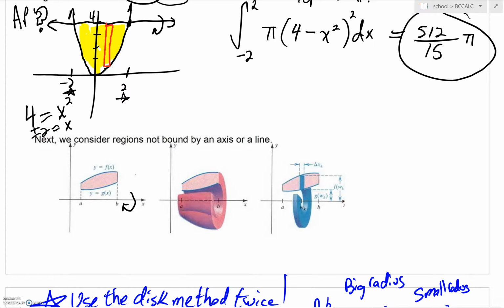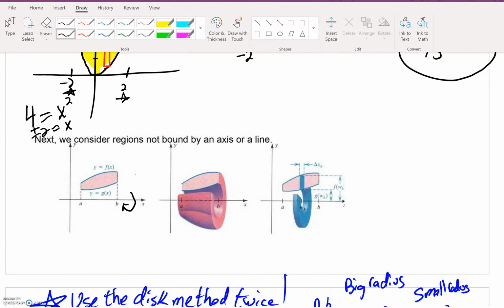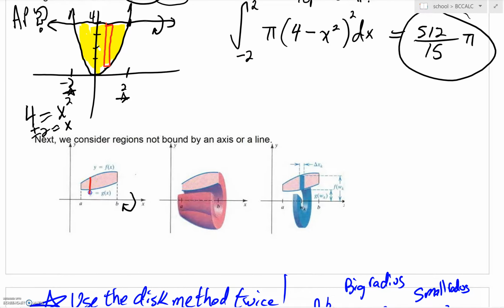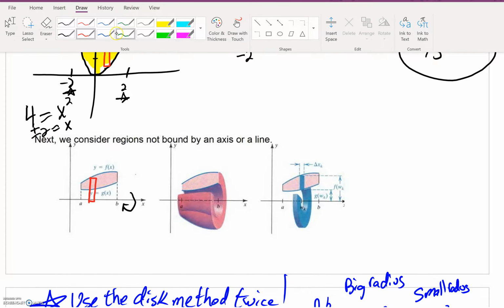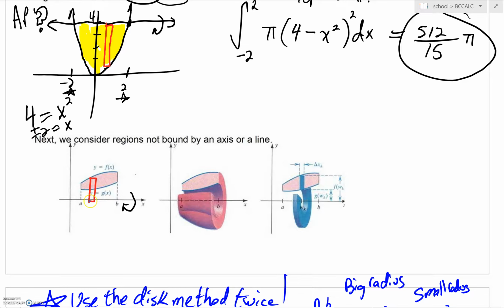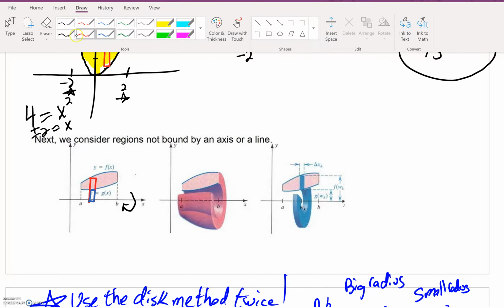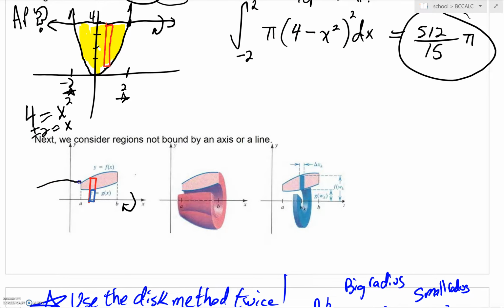Now, this is going to require us to use a new method. It's going to be the washer method. You might wonder why in the world we're calling that the washer method. Here's why. If we were to take a rectangle, again, perpendicular, taking our big radius here, and then if we had a little radius in blue, see, look what we've got. We've got our big radius.